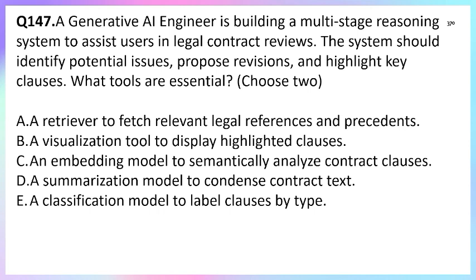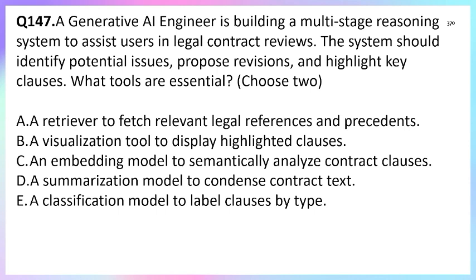Option A, a retriever to fetch relevant legal references and precedent. Yes, this is correct, essential for grounding in law. Option B, a visualization tool to display the highlighted clauses, is useful for the UI, but not essential for the reasoning pipeline. So option B looks correct, but it's for the UI, not for reasoning. So we do not consider option B.